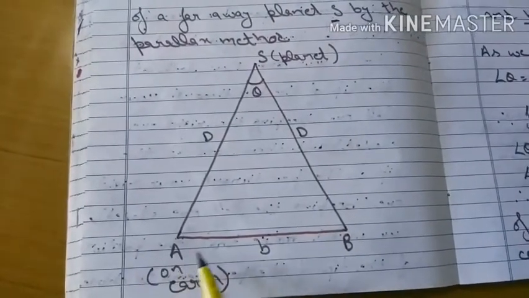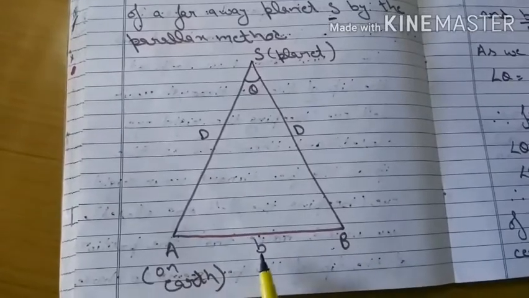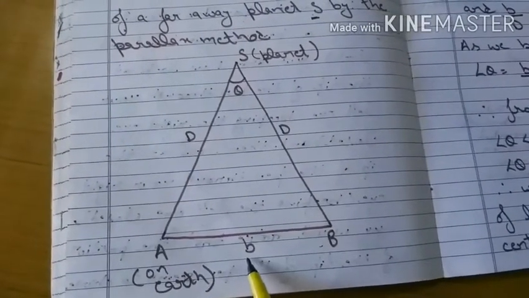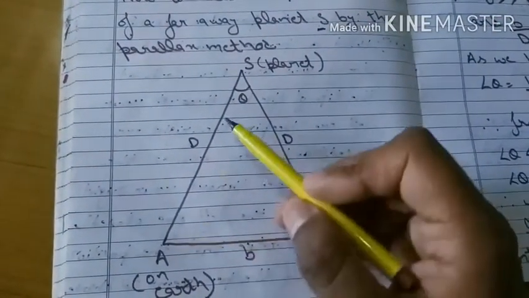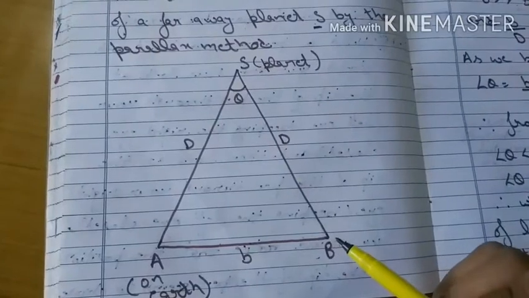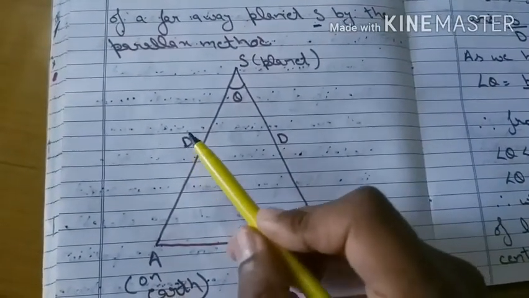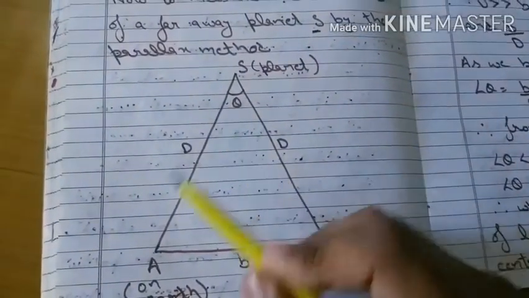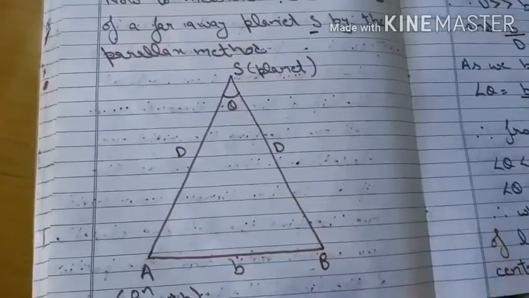The distance AB, that is the distance between two observation points, is called the basis, and we'll suppose that it is equal to b. We will suppose this distance, AS, is equal to d, and similarly BS will also be equal to d because d is very large as compared to b. That's why we approximately take AS and BS equal to d.